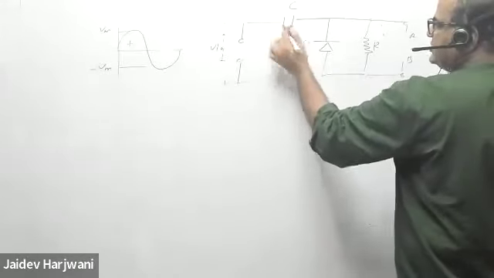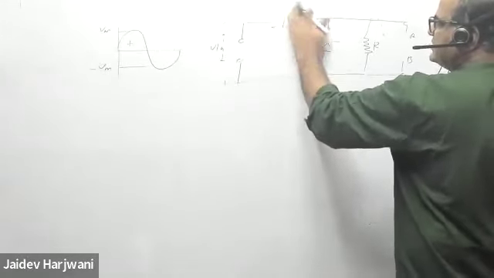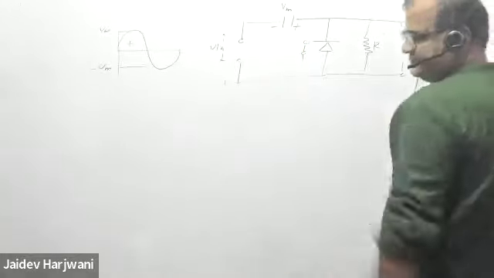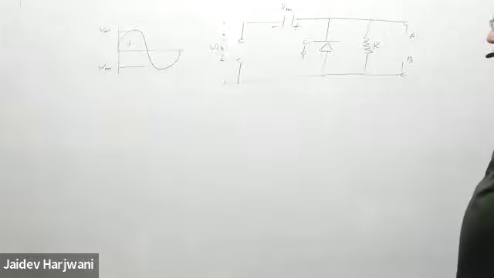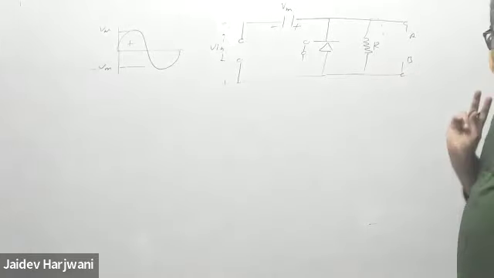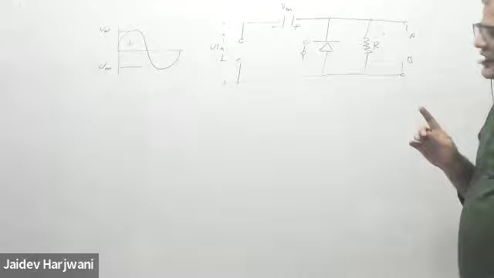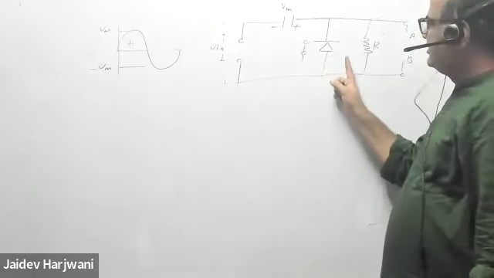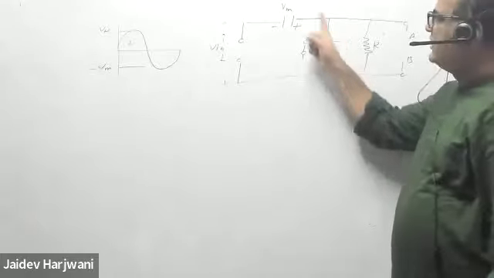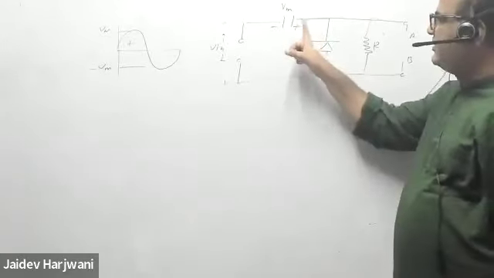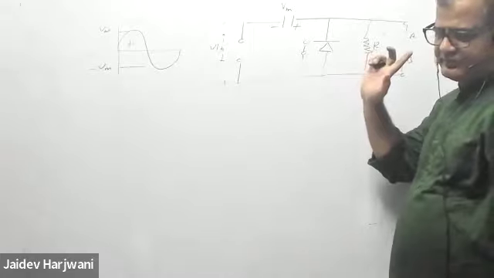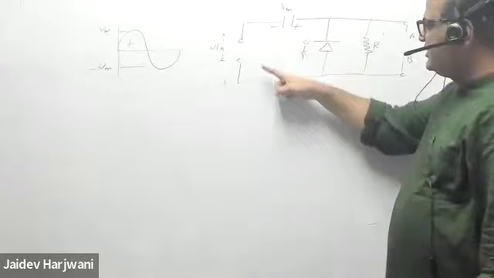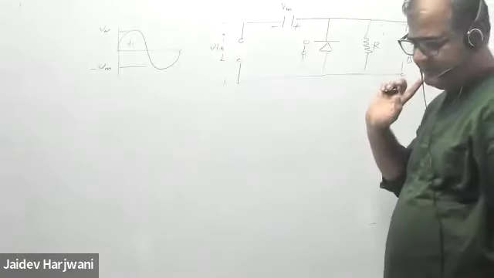So my capacitor can charge up to Vm, in this direction. This is the difference between the charging on the two sides. Always the capacitor charges in the direction of diode conduction. If the diode conducts, only then will it charge, and this is the final charging direction. It will not charge as plus minus; always look at the direction of the diode.